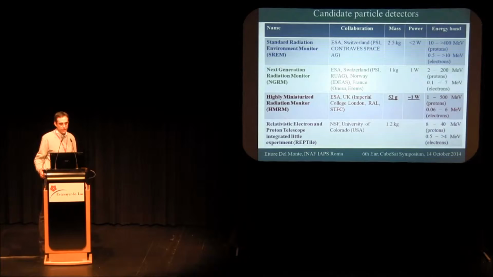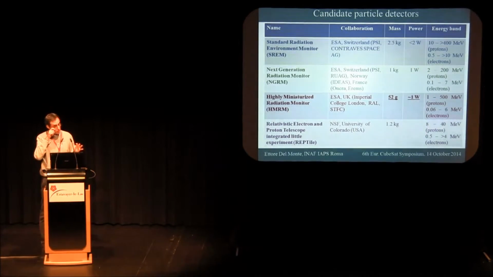We can start with the Standard Radiation Environment Monitor, a project by ESA and Switzerland, mainly PSI and Contraves, which is flying aboard satellites like Integral, Herschel, Planck, Proba-1, and others. It has a mass of about 2.5 kilos and is sensitive in the energy band between 10 and 400 MeV for protons, and half an MeV up to above 10 MeV for electrons.